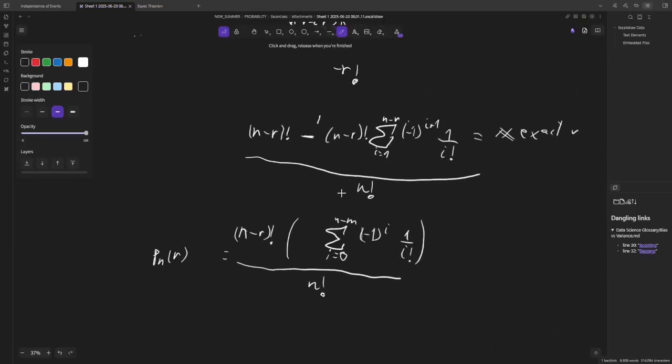Is this an overestimation or underestimation? If I multiply by r factorial here, then I will have n minus r factorial, and this will be 1 over n choose r.